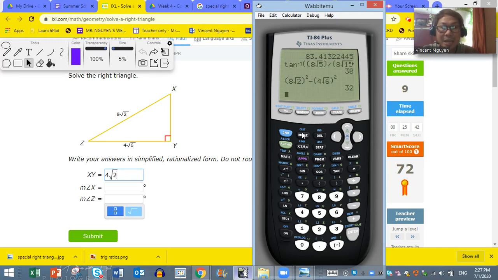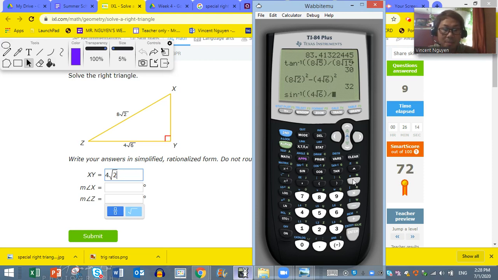I'm going to do sine inverse of this opposite over hypotenuse. So sine inverse, second sine. All right, I'm going to do two sets of parentheses separately for the top and for the bottom. So I'm going to do one set of parentheses here, and I'm going to do opposite, which is 4 root 6. So 4 and then square root of 6. I'm just being very careful here, guys, when I'm typing this into my calculator. So you see that's the separate numerator there.